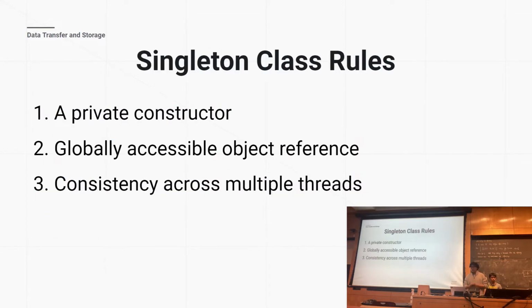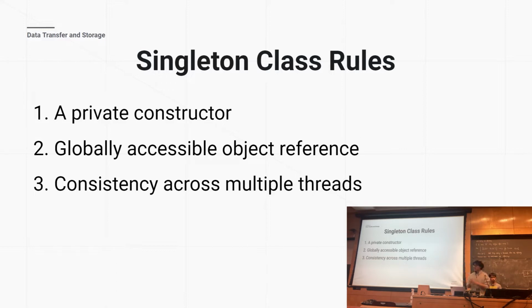So there are some specific singleton rules. Before I get into this, Kotlin makes it very easy for you guys to create singletons, because it automatically fulfills these criteria. So what are these criteria? Well, first of all, we need a private constructor. This helps prevent the class from being instantiated more than once, right?